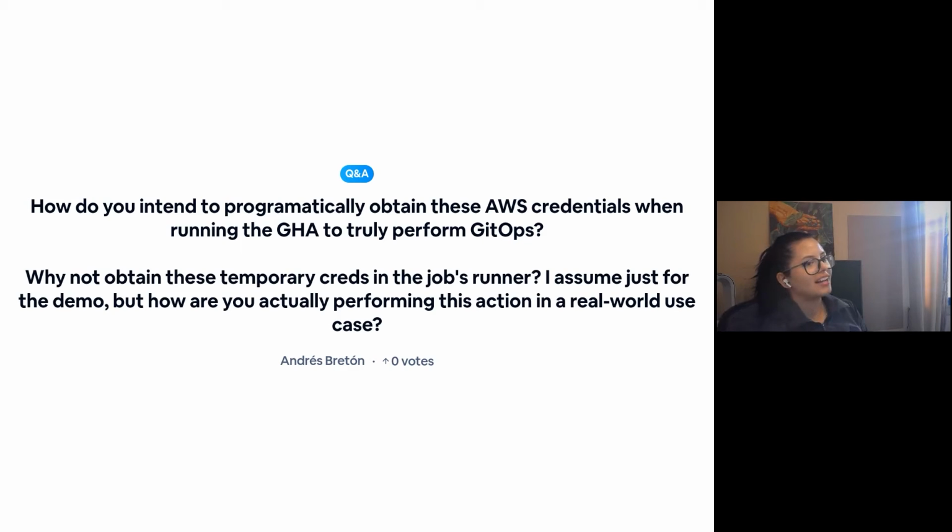And for that, we have a solution called Pulumi ESC. With Pulumi ESC, which we'll actually talk a little bit about shortly in more detail, you can have AWS OIDC credentials configured.